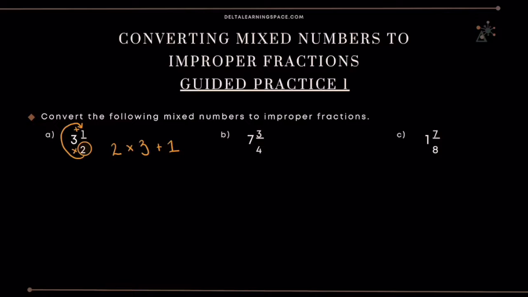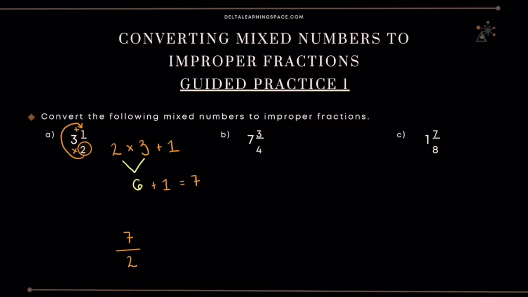So starting from my denominator 2, I will multiply that by the whole number 3 to get 6. I will then add the numerator 1 to get a total of 7. This value 7 will be written in the numerator and our denominator will stay the same.